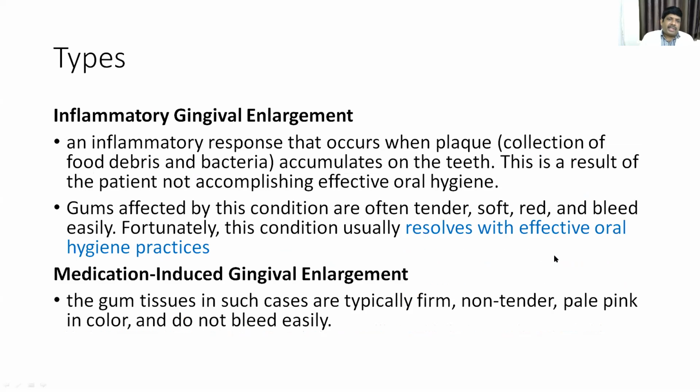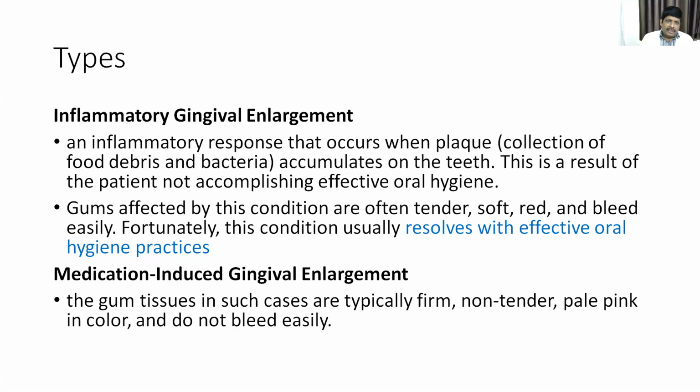Now, what are the different types? In the beginning, I showed the 4 photos of different types of gingival enlargement, that I'll explain over here. The first is inflammatory gingival enlargement.